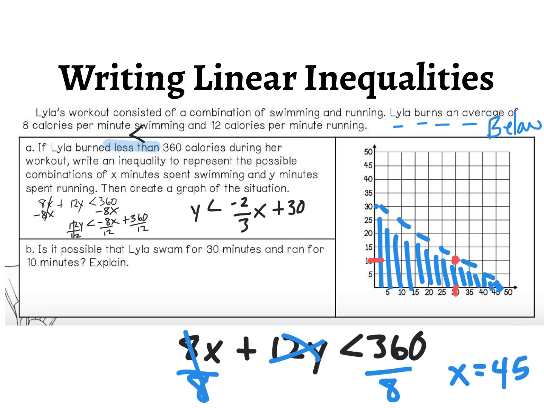Is that a possibility? Now, because my graph is not very accurate, because it was a very, very big sketch, I can check this by hand. Is it possible to have 30 for x and 10 for y and still be less than the original scenario? So I take the scenario, I plug in 30 for x, 10 for y, and is it still less than 360?